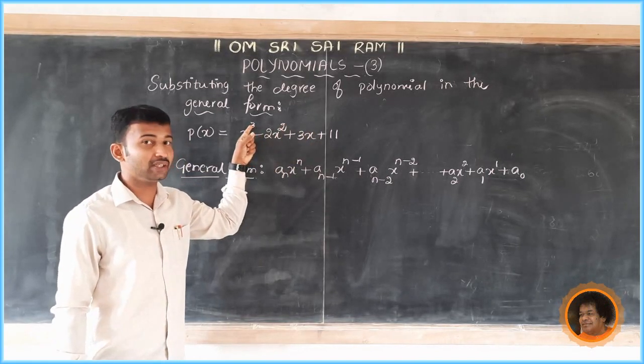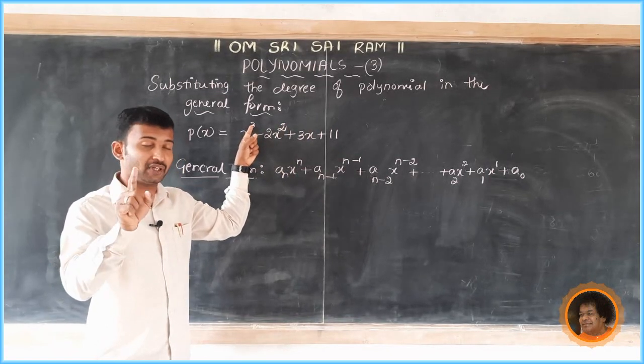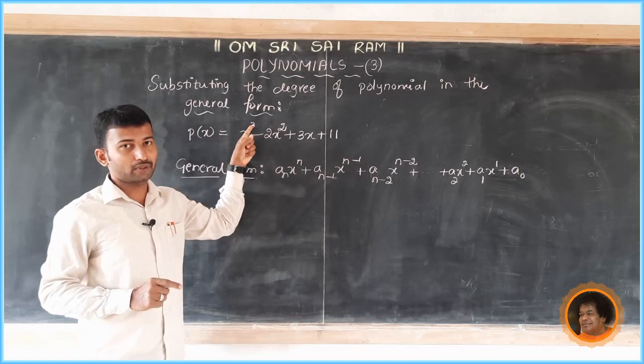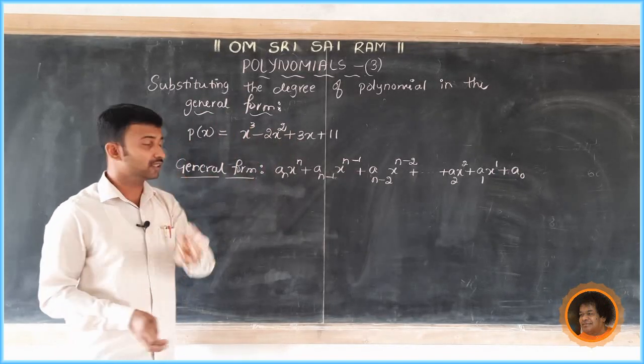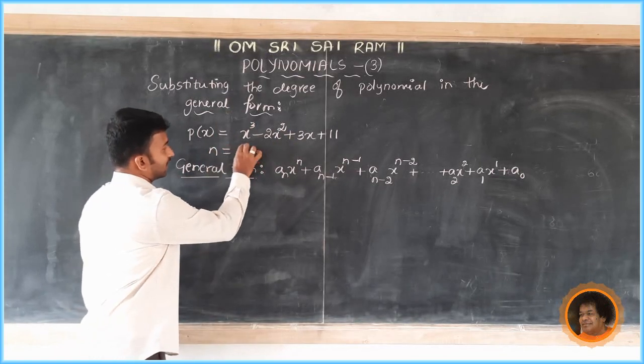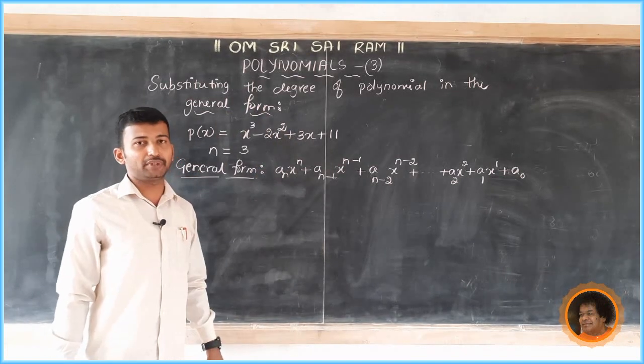Polynomial is p of x, variable is x, so the highest power is 3. So, write n is equal to 3. n equal to 3 is the degree of the polynomial.